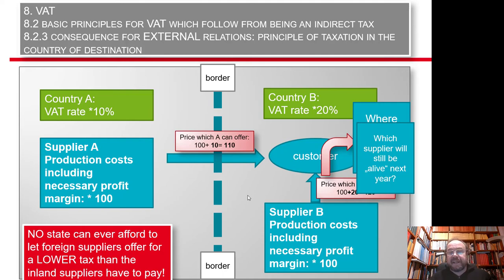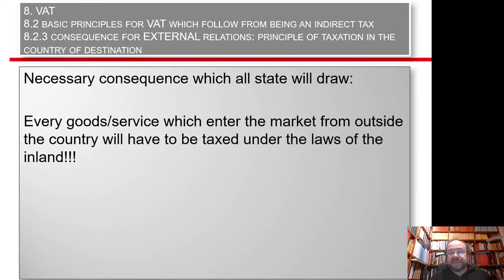No state can ever afford to let in foreign products with a lower VAT tax burden. That's the logical conclusion. And now the technical question is, how can we achieve that? You can't negotiate with 200 countries in the world that they all take care that their VAT rate is not lower than yours. So there is only one possible consequence.